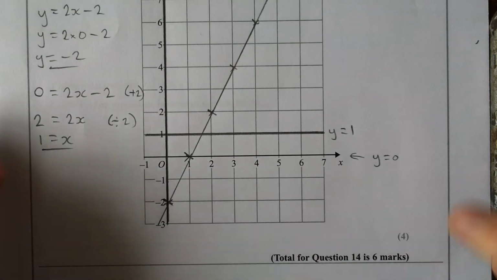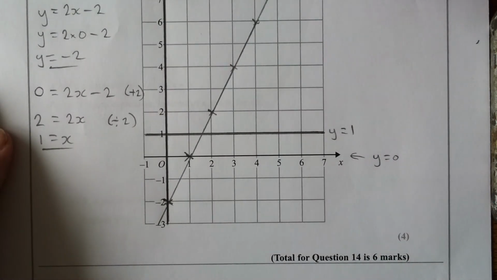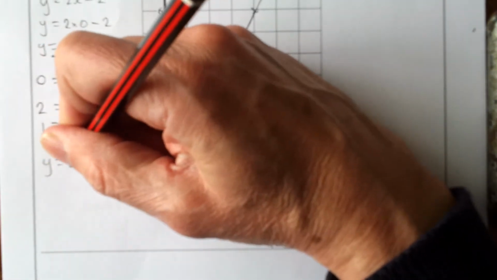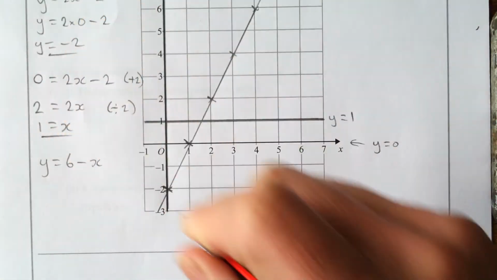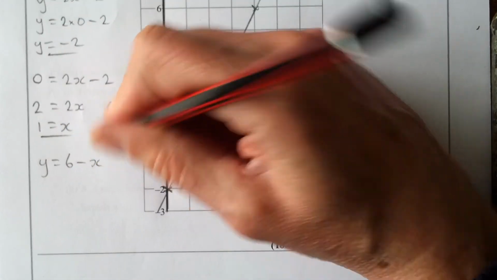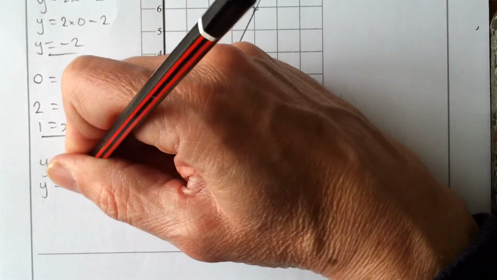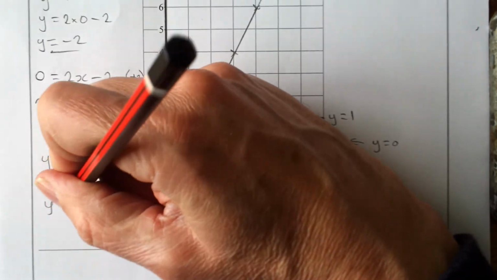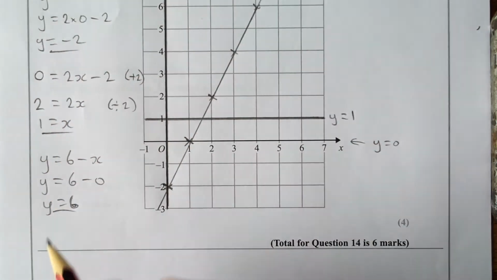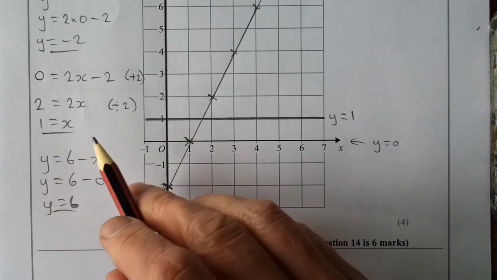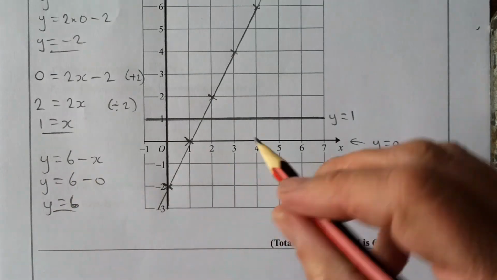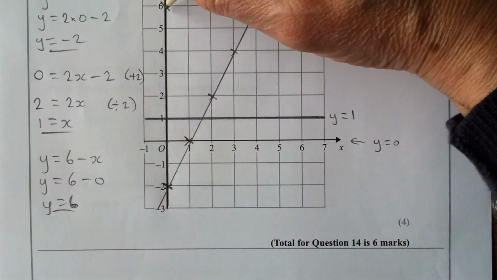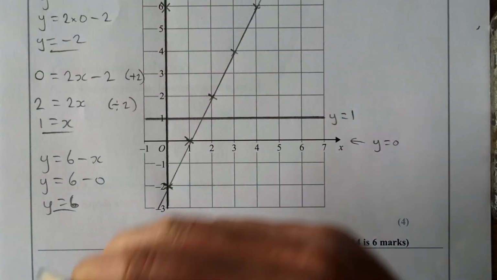Now the last one, y equals 6 minus x. Once again, I'm going to put x equals 0, so I get y equals 6 minus nothing. So y equals 6. So when x is 0, y equals 6. Let's put that on the graph. Let's try the reverse.